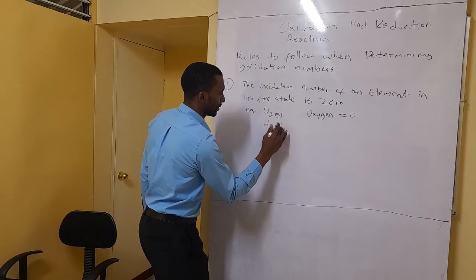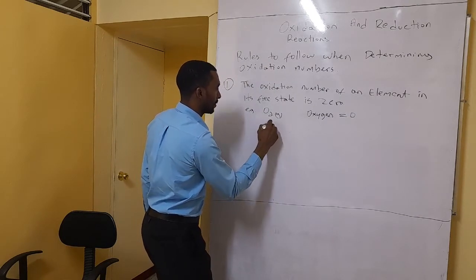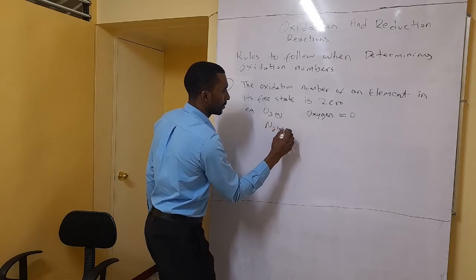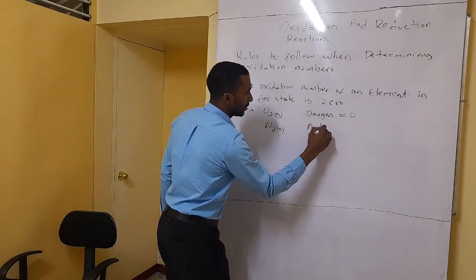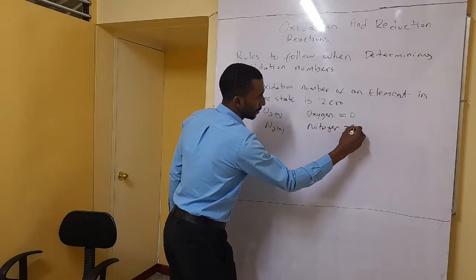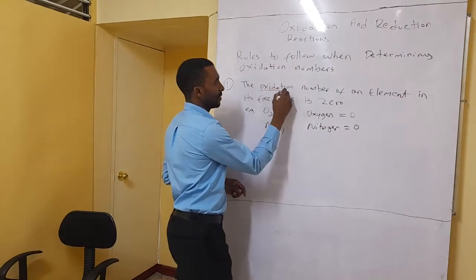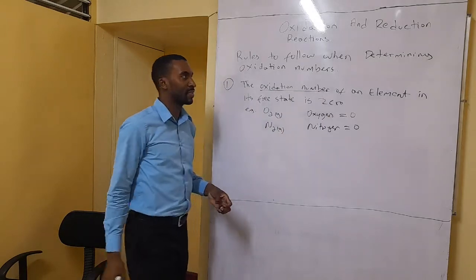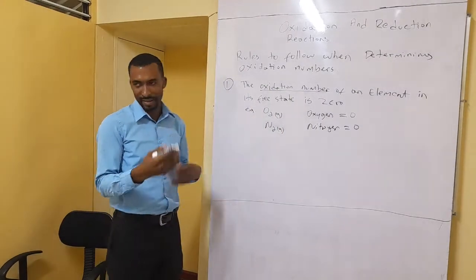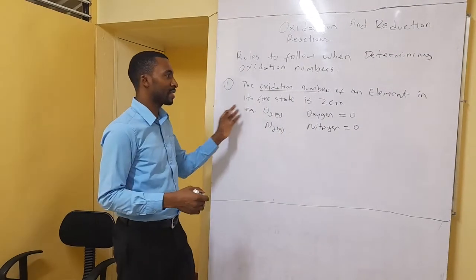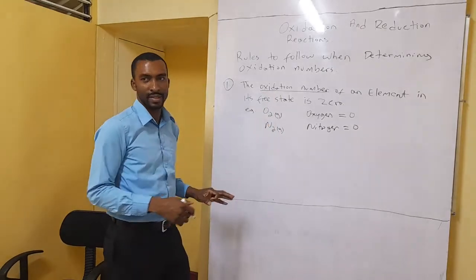Hydrogen, or let's use nitrogen gas, right? The nitrogen is 0, the oxidation state that is, right? Or the oxidation number. If I use oxidation number or state, they're interchangeable, alright? So the oxidation number of elements in the free state is 0, alright?